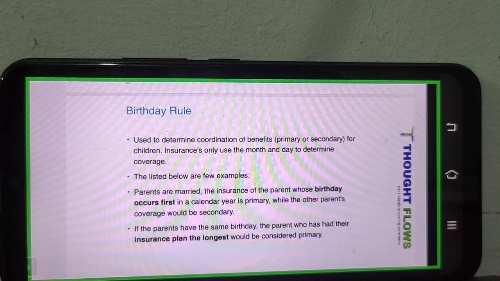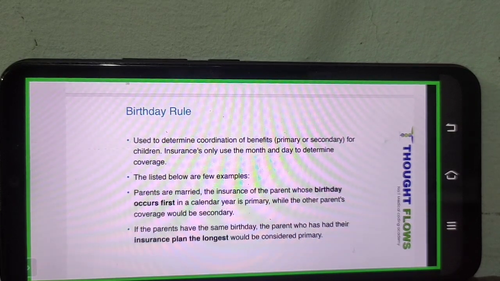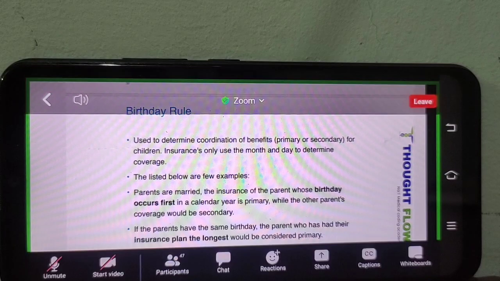Who has the longer policy? Father. So they deduct first from the father's account. By using the birthday rule, the insurance company decides whose policy is primary for the dependent and whose is secondary. That method is called the birthday rule. Did you understand that?